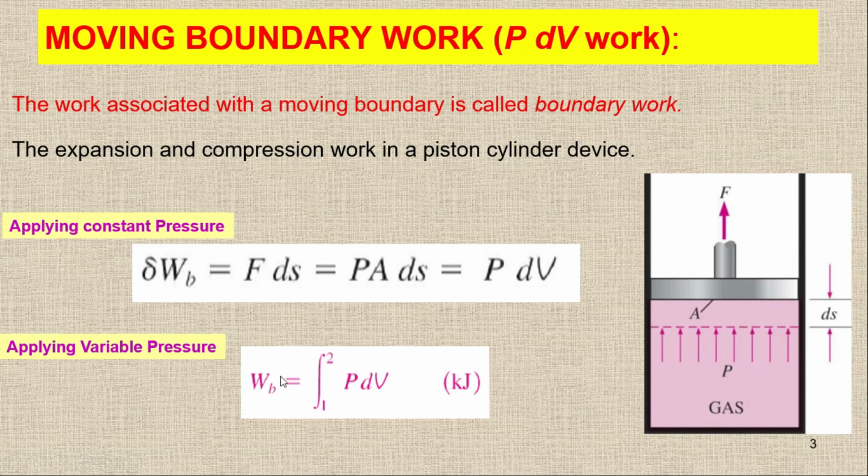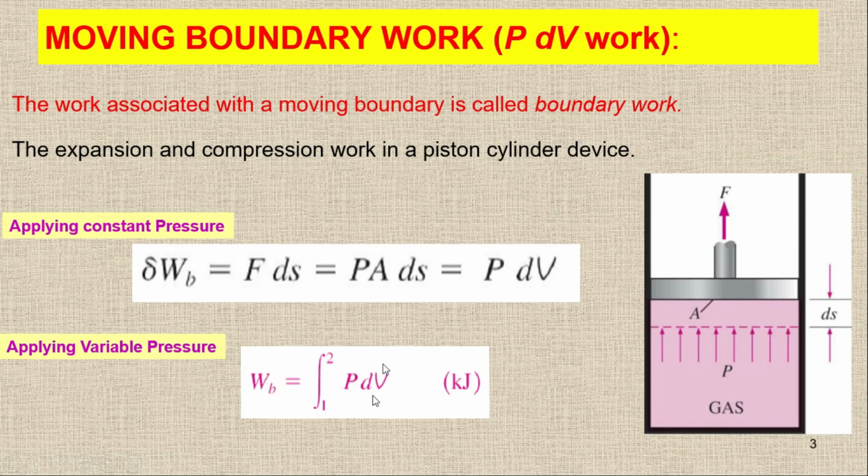This is the basic equation of the boundary work. If the pressure is constant, I can easily take it outside the integral, and it will be P dV, like this one. So depending upon the case, either constant pressure or variable pressure, you can rewrite the equation.